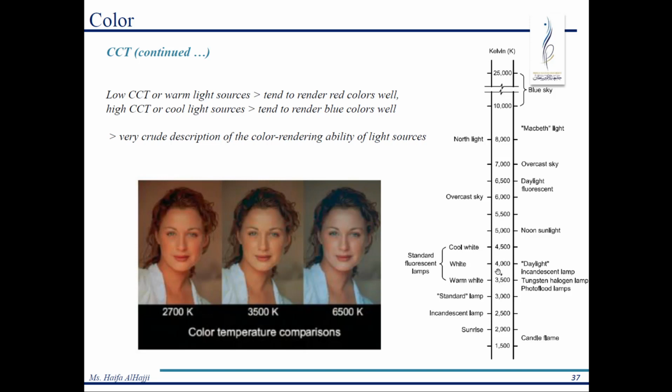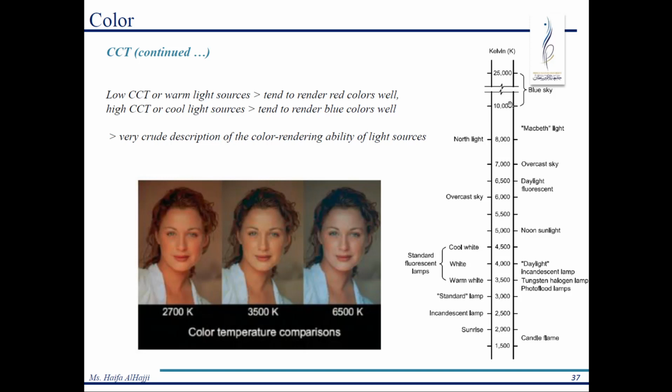These are hues of white. Now the overcast sky, which is the cloudy sky, we said earlier is more bluish, so it's 6000 kelvins. If we want a very blue sky, its Kelvin is 10,000 or even more.